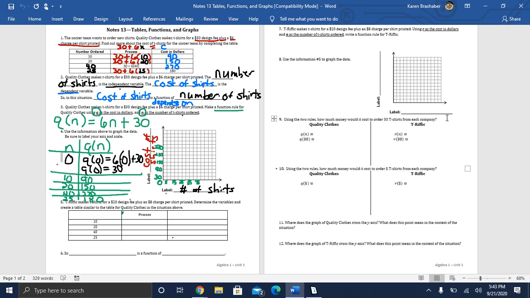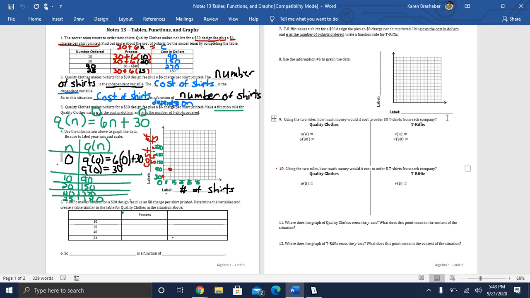So when your number of shirts was 0, the cost was $30. When the number of shirts was 10, you want to make sure you're on the 10 row for your N's. Then our cost was 90. When the number of shirts was 20, I skipped 20.